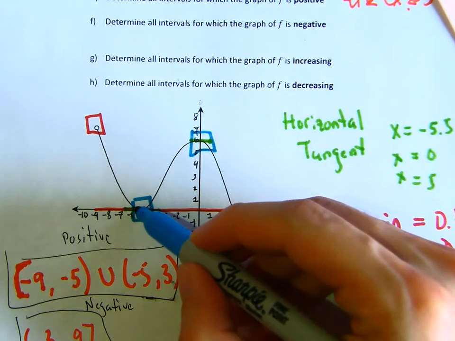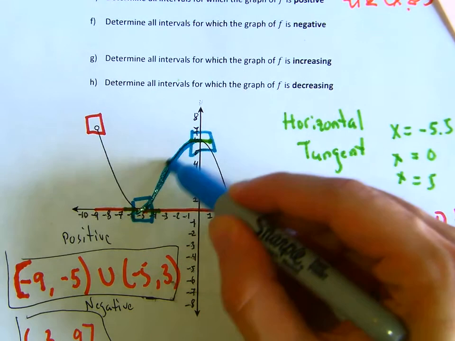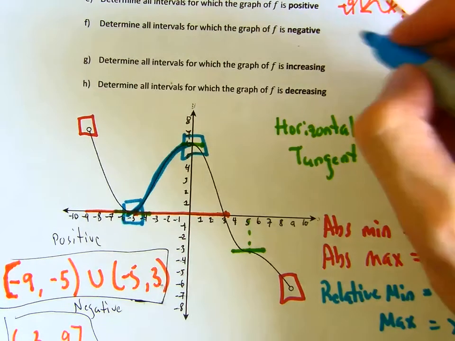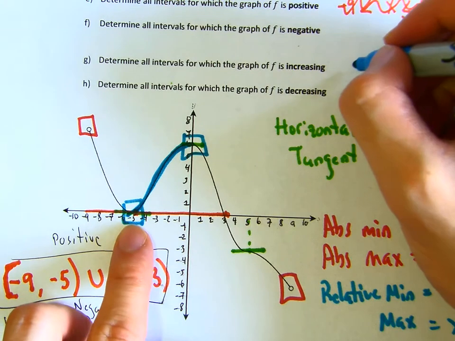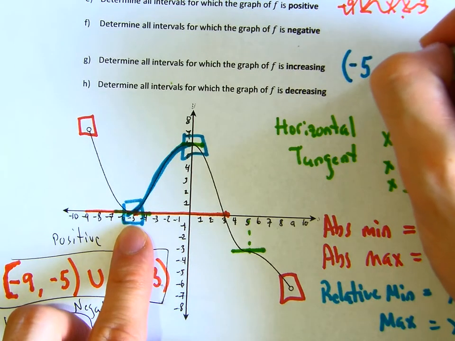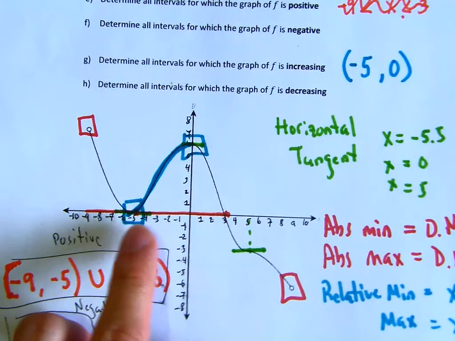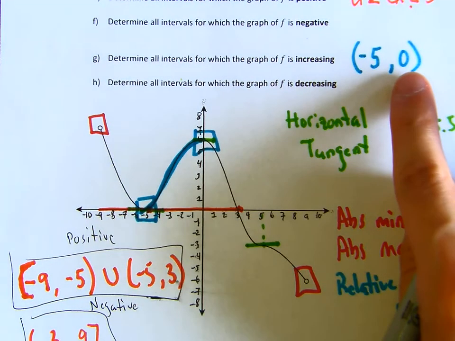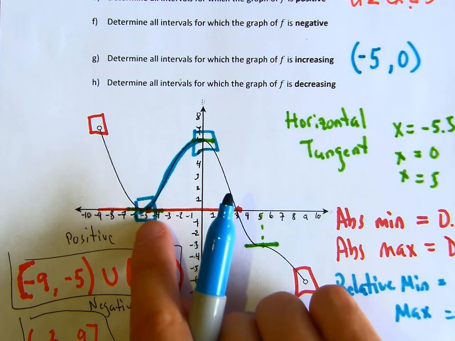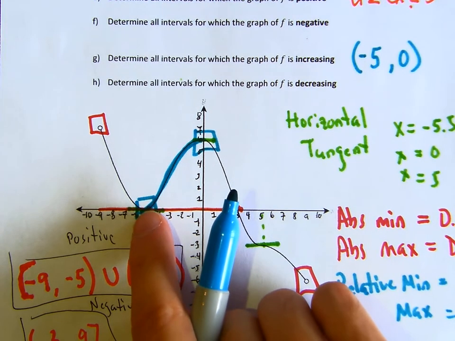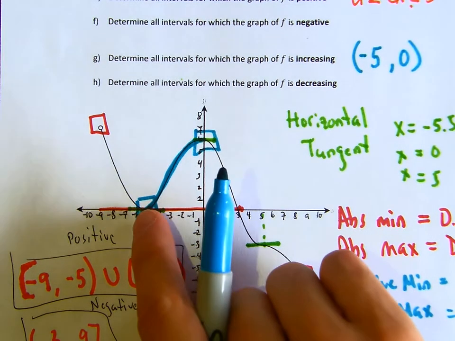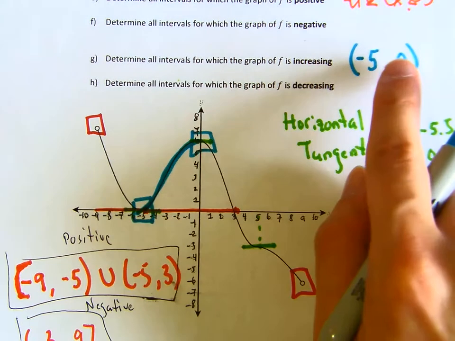The graph is increasing from here to here. The graph is only increasing from -5 to 0. And remember, we're not including -5 and 0 because the slope of the tangent line at -5 is horizontal, it's 0. So it's not increasing at -5. But everything between -5 and 0, it's increasing.